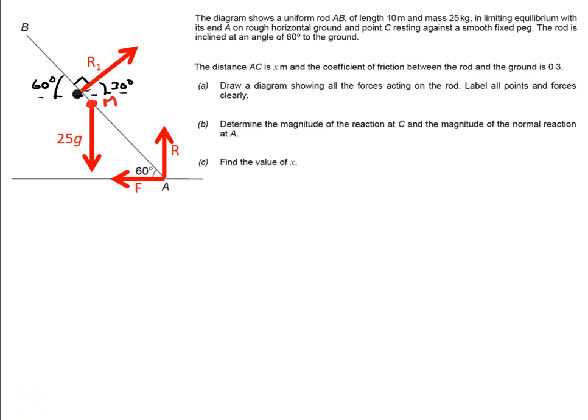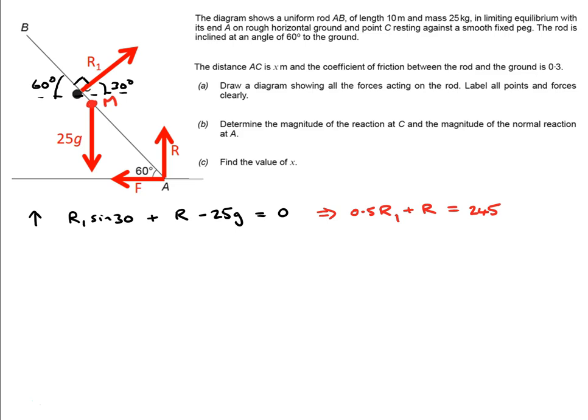So we can now start by resolving the forces vertically. If we resolve vertically, we have the vertical component of R1, which is R1 sine 30, plus R minus 25g must equal 0, and that simplifies to 0.5 R1 plus R equals 245.